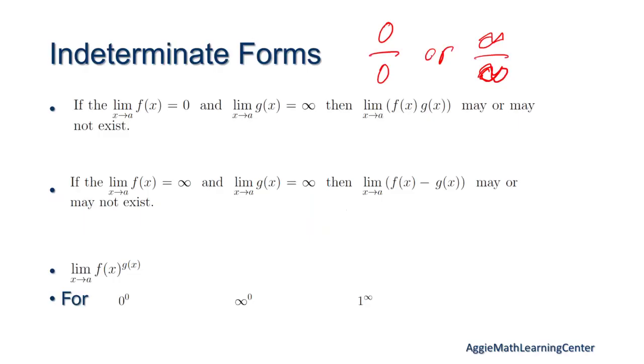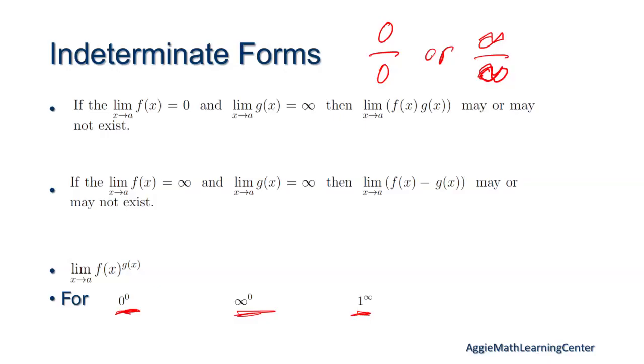There are also multiple others. Some common ones that you're probably going to see while doing this L'Hopital's rule stuff are 0 to the power of 0, infinity to the power of 0, and 1 to the power of infinity. When we're doing all these limits, there just happen to end up being these indeterminate forms, and by doing different math manipulations, you can actually get different answers.